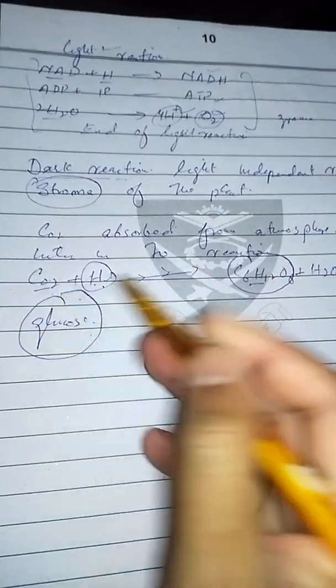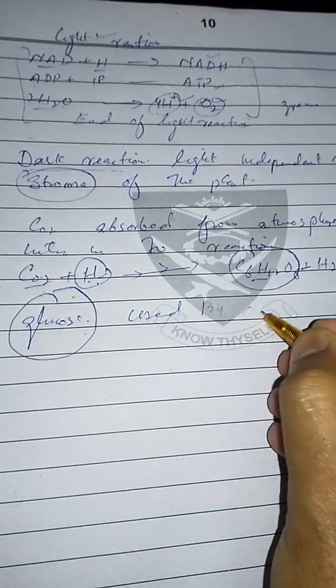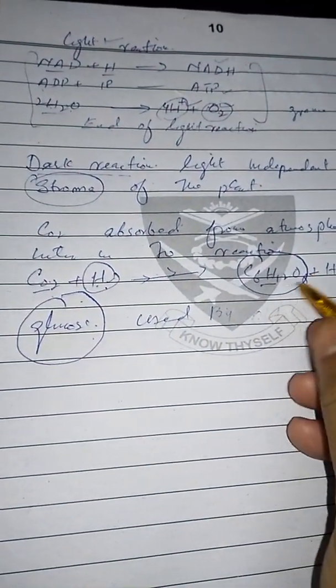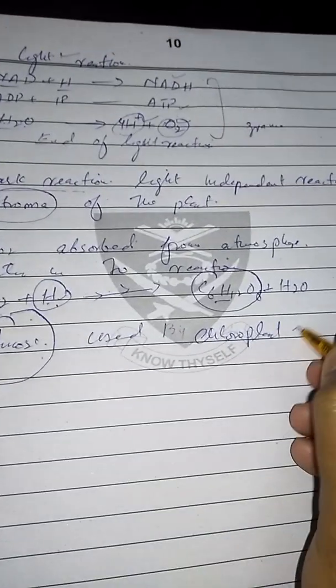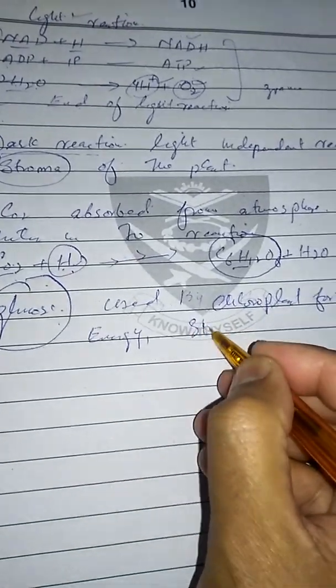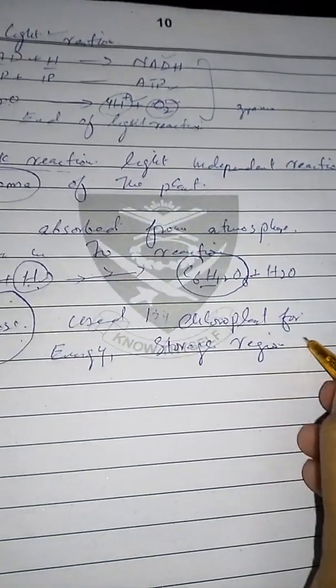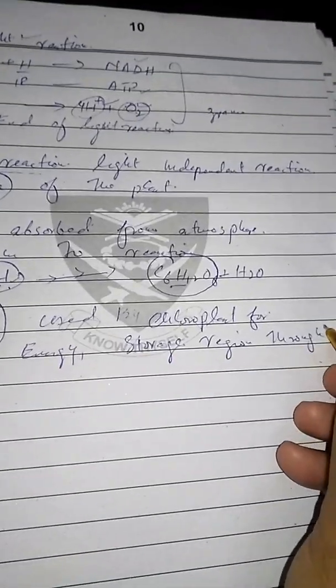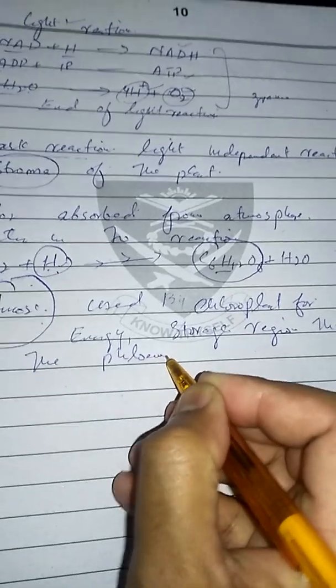This is glucose. Some of the glucose is used by the chloroplast for its own energy purpose. Some is sent to the storage regions through the phloem.